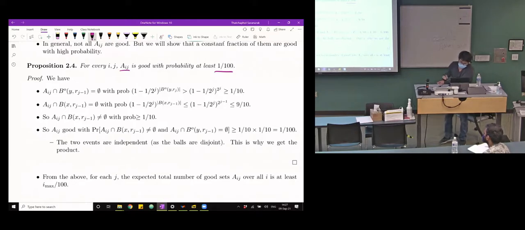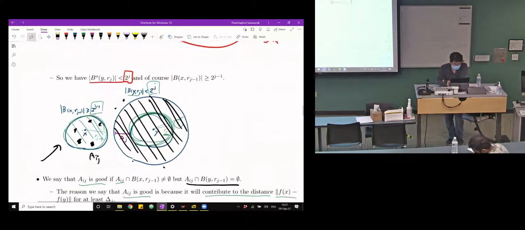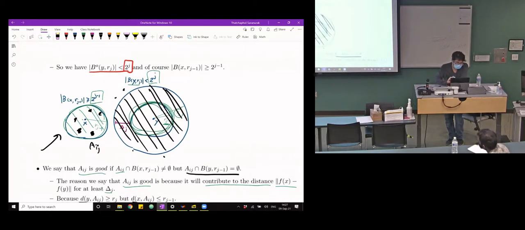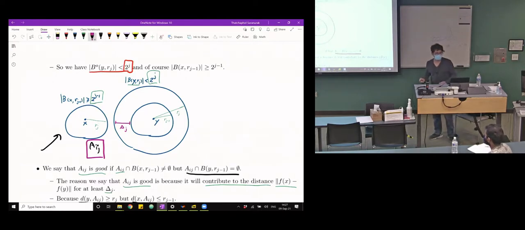And this actually is not hard to see. Really just look at this picture, right? You have two sets.